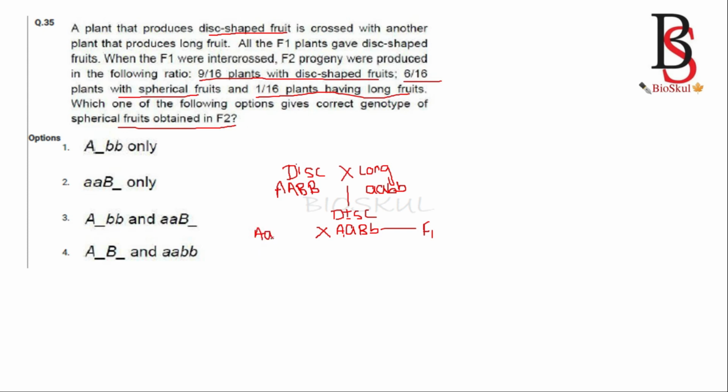If it is intercrossed, then what will form in the F2 generation?